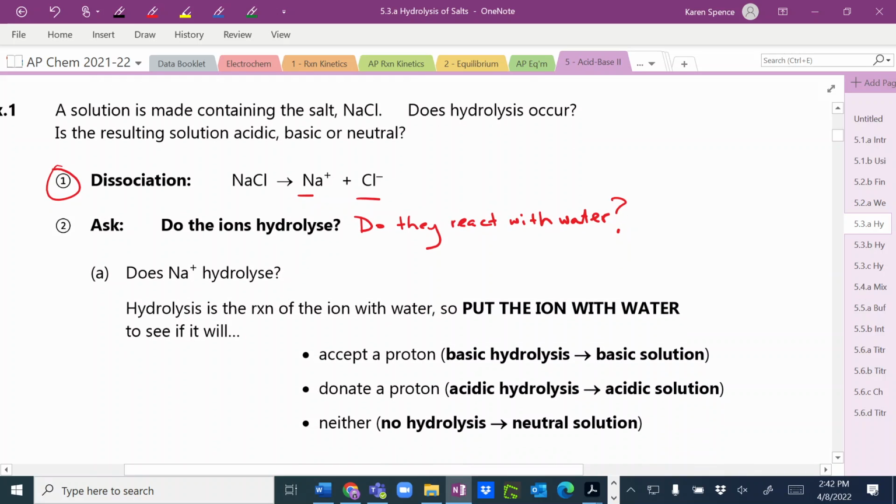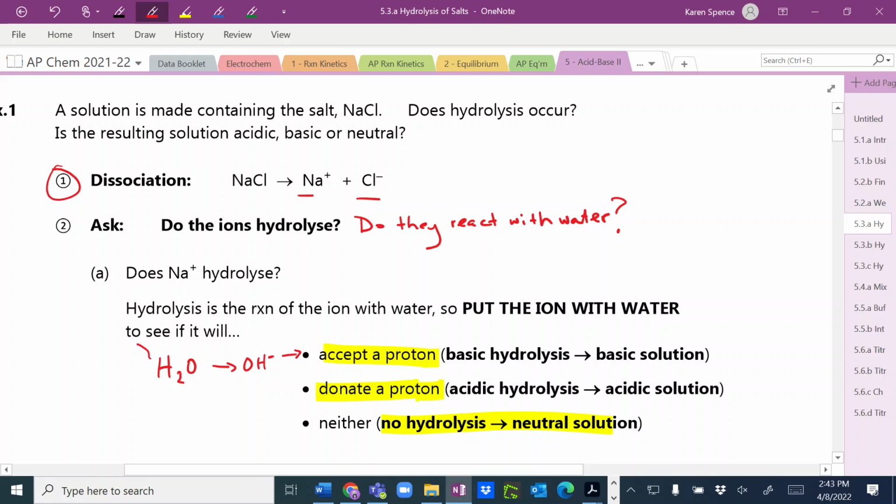So they either have to be able to accept a proton, or they have to be able to donate a proton, or otherwise they will do neither. They will have no hydrolysis. If they accept a proton, what that means is that water will then become OH minus, right?